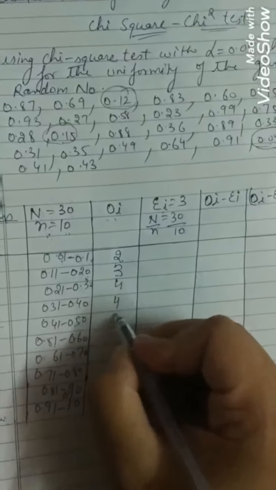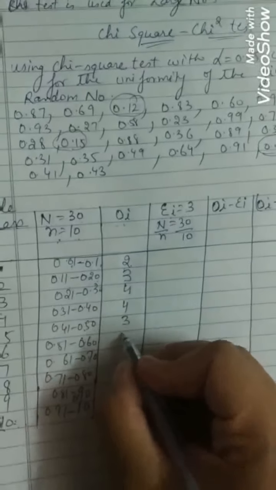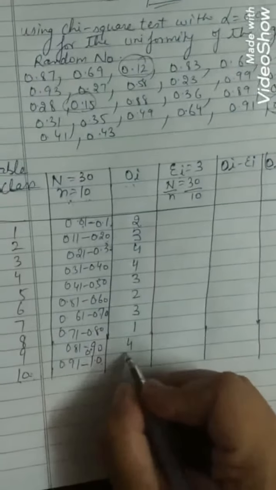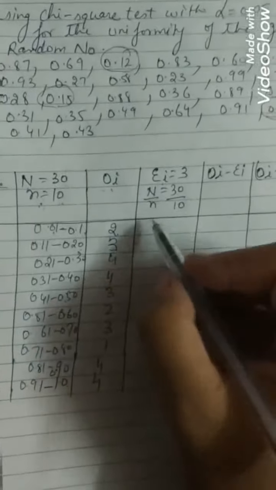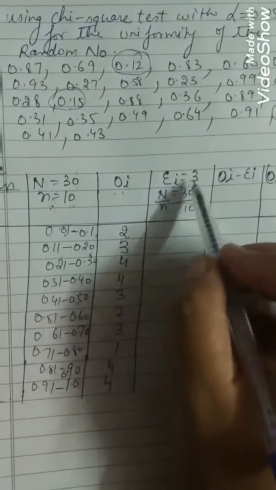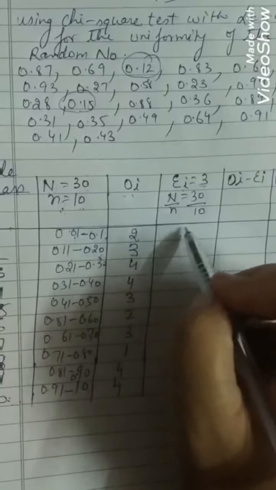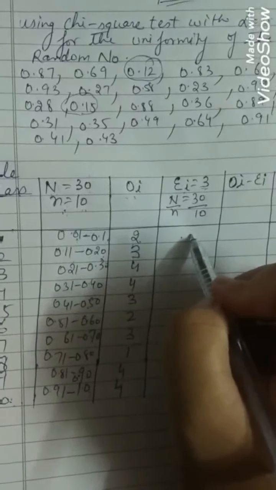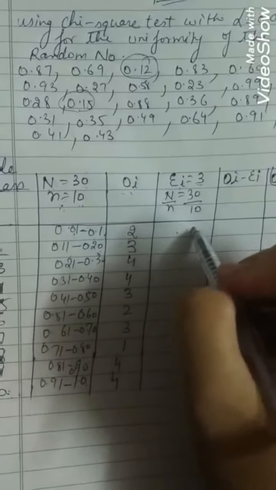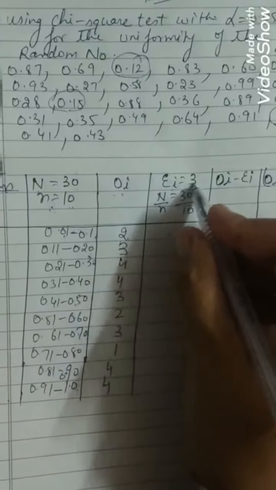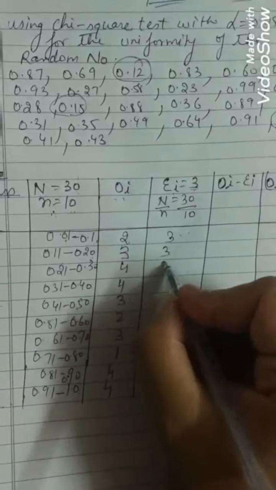Further, we calculate the numbers accordingly: 2, 3, 1, 4, and so on. Ei is 3, which remains the same in the whole column.